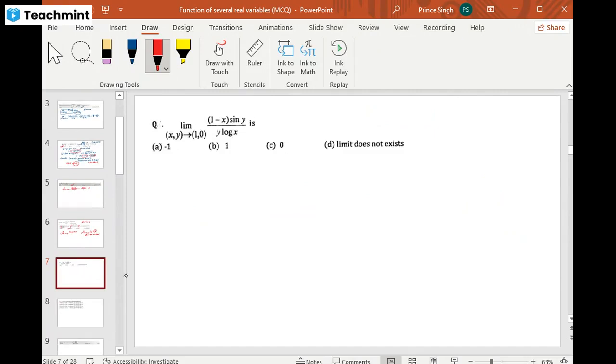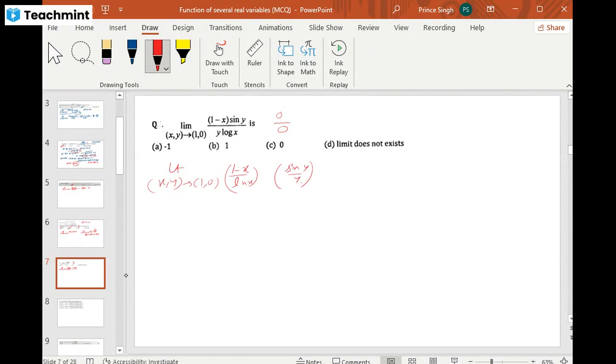Okay, now this is another type of problem. Here again, if I put x equal to 1 and y equal to 0, your denominator is 0 and numerator is also 0, so it is 0 by 0 form. But this function can be split as a product of two functions: 1 minus x upon log x, which is a function of x alone, and sine y upon y, which is a function of y alone.